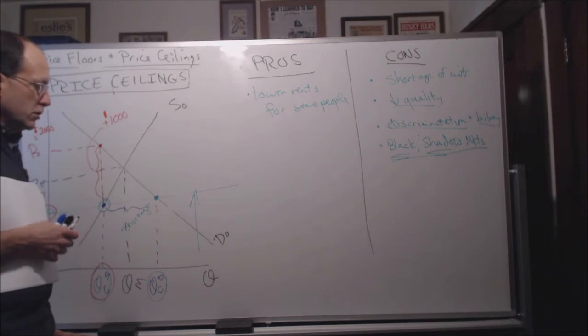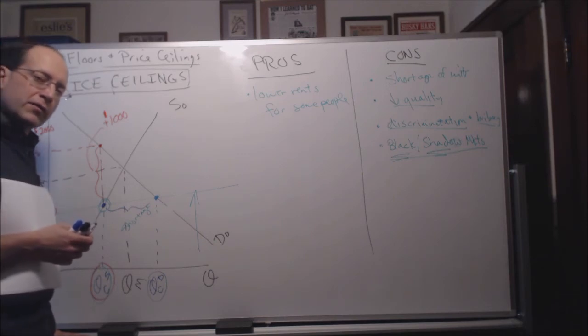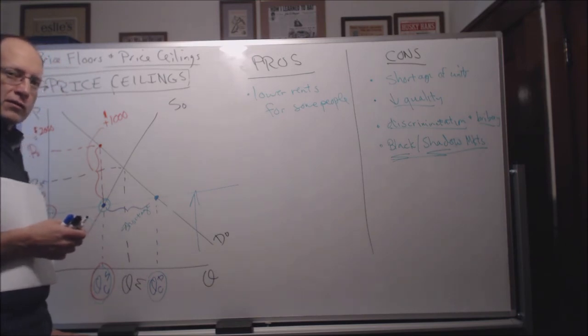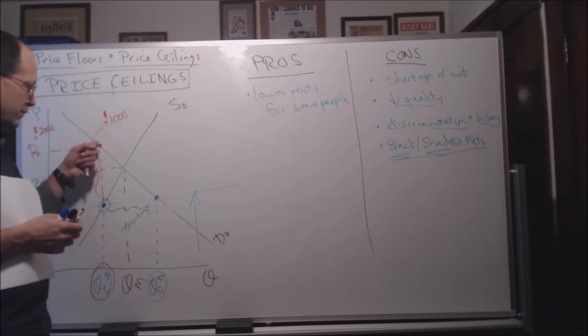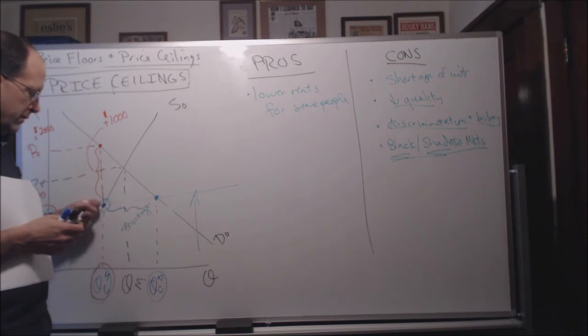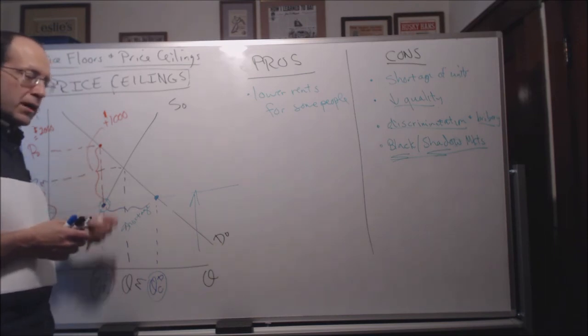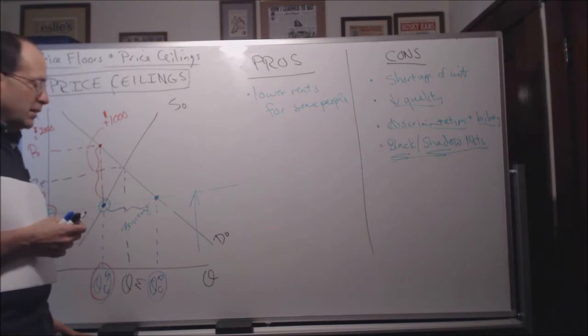And so if Junior or Sissy or whoever, the kid, was in that rent-controlled building but became a doctor or a lawyer or economist or somebody, and they said, I don't really want to live in this building in this particular neighborhood, but they didn't want to give up the rent control rights because it was lucrative, they'd say, hey, I'm going to sublet it to somebody for $2,000 a month. I'm going to pay that required rent of $1,000. I'm going to take the extra $1,000 and I'm going to apply it against my mortgage in that nice home in the suburbs. That's not what this law intended, but that's what happens.